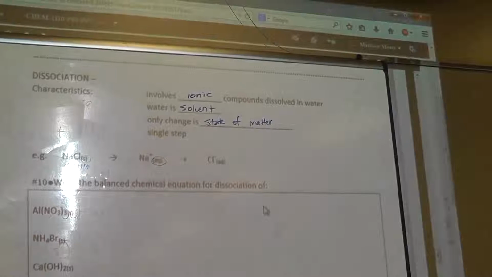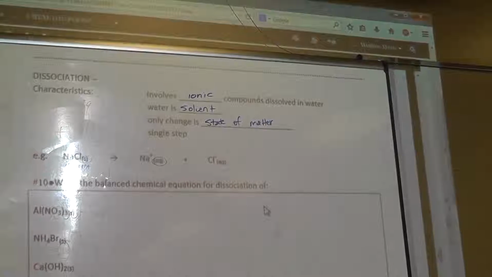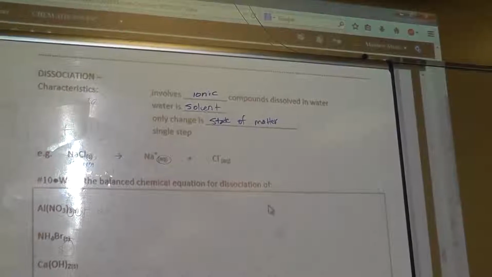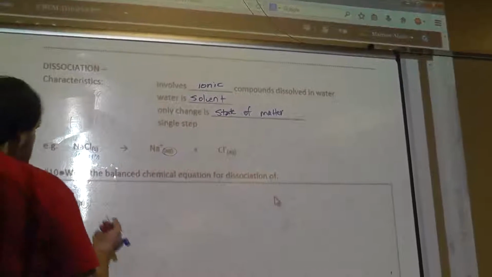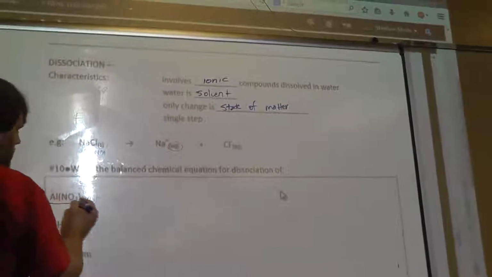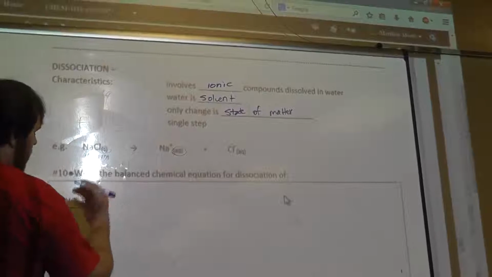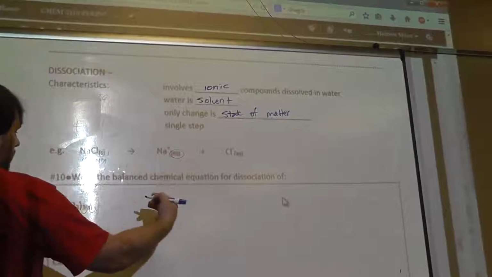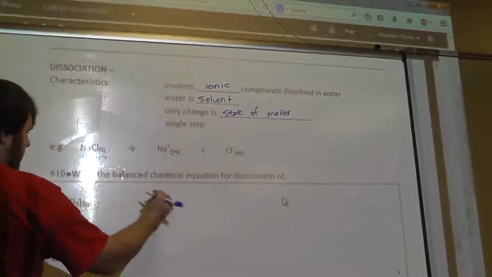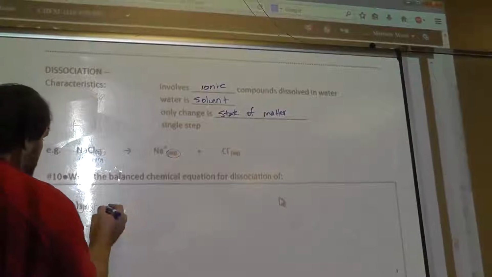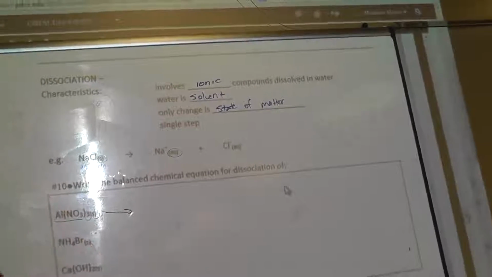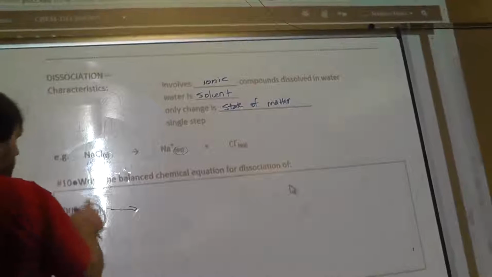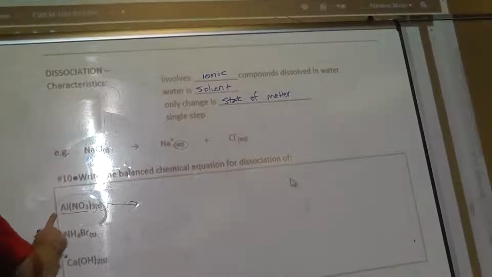Okay, and then he gives us a couple of equations here to work with and balance. Under a dissociation reaction, you're starting off with this salt. When you're dissociating, you do not add water. Water is not a reactant. It's understood that water is used to facilitate the process, so it's just a reaction. The charge on this aluminum is a +3.